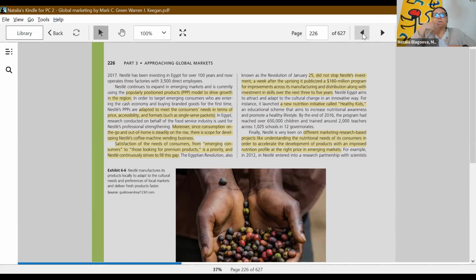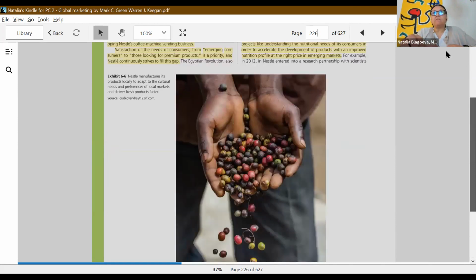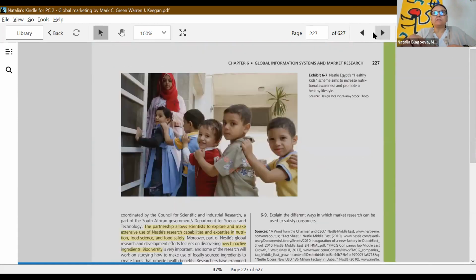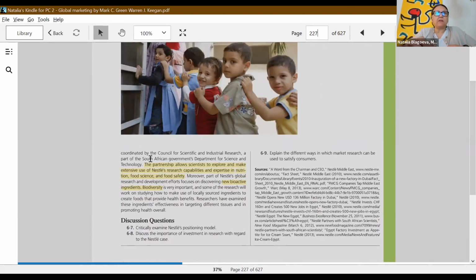There's also a good example here. I'm not sure if I'll find it now in the text, but they had a cooperation. Yes, they entered South Africa, for example. They entered into collaboration with the South African government's Department for Science and Technology, allowing scientists to make extensive use of Nestle's research capabilities and expertise in nutrition, food science, and food safety.